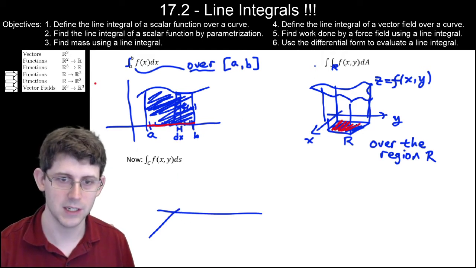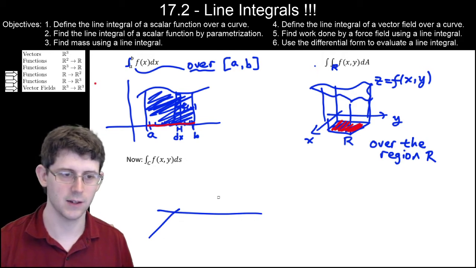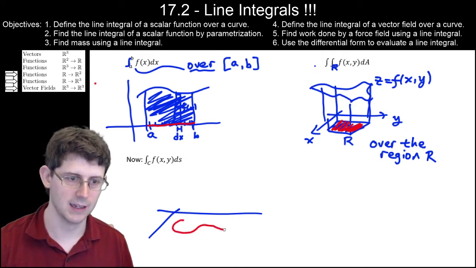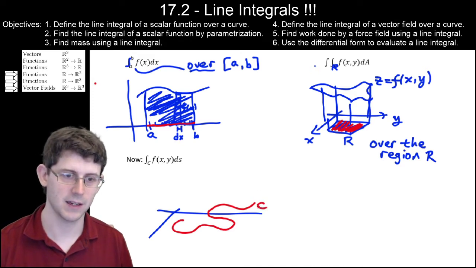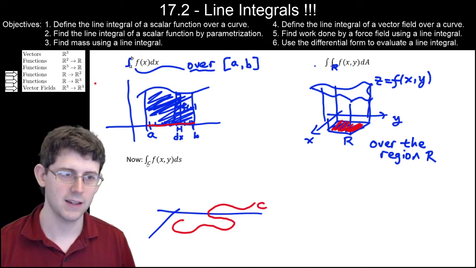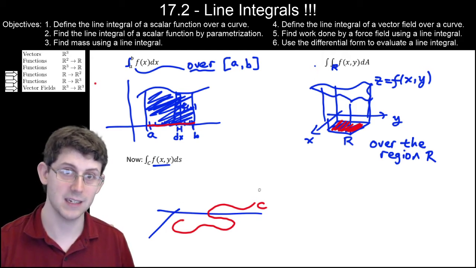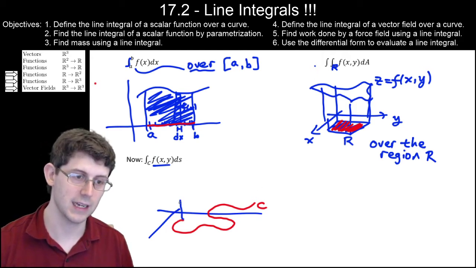Here was a region. Now it's going to be, look in the xy plane, some curvy thing that's in the xy plane. This will be called C. And then you'll have a function that tells you how tall everything is above each point of C. So you might, like, build a roller coaster over C.